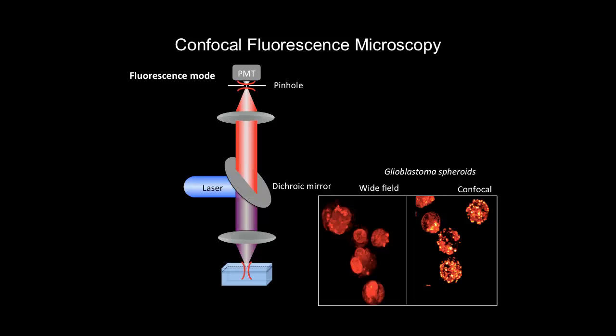So we really see the benefit of the confocal when we image through these 3D structures. It's in these kinds of images where we see the beauty of the technique, the way it's able to provide these higher resolution images as we section through the tissue.